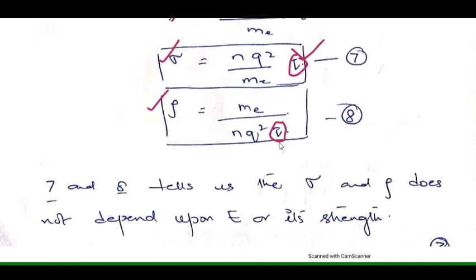But in the case of resistivity, it's simply the reciprocal. So if the relaxation time is greater, then the value for resistivity is smaller, and if it is smaller, then the value for resistivity will be greater.